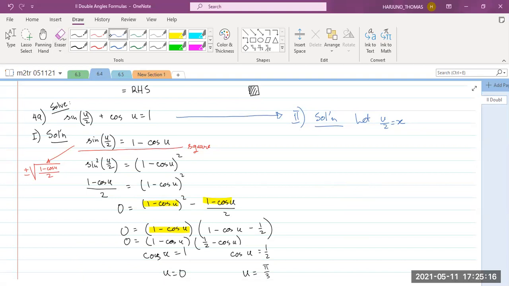Okay, but I want to focus on the last method here. Instead of dealing with half angle, I do substitution such that we end up with double angle. You see?